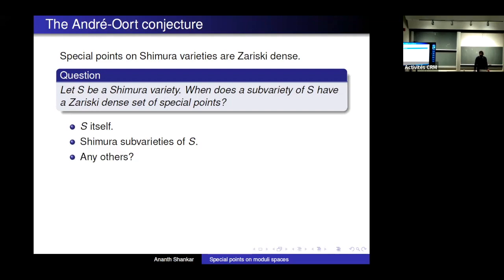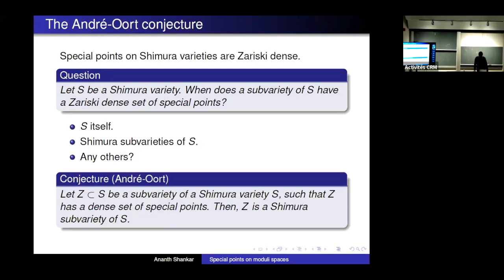And the question is, are there any others? And the conjecture of Andre-Oort posits that if you have any subvariety that has a dense set of special points, then that subvariety has to be a Shimura subvariety of your ambient Shimura variety. Namely, the only ones that have a Zariski dense set of special points are the obvious ones.